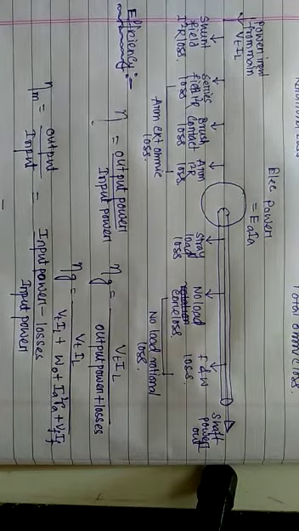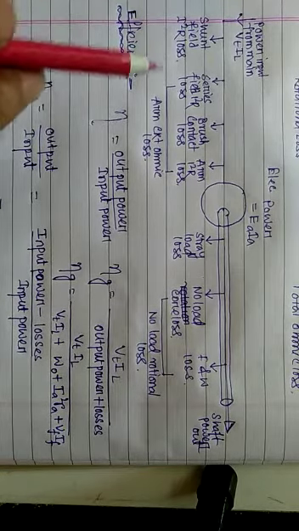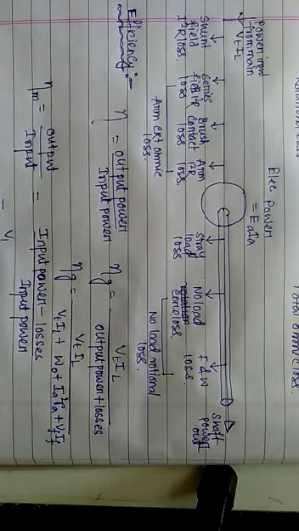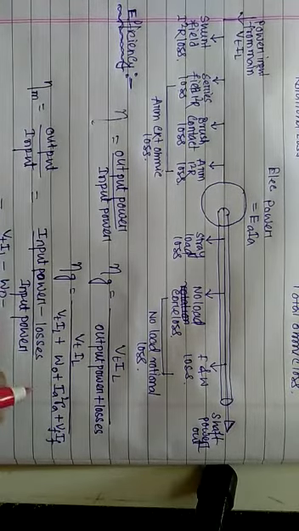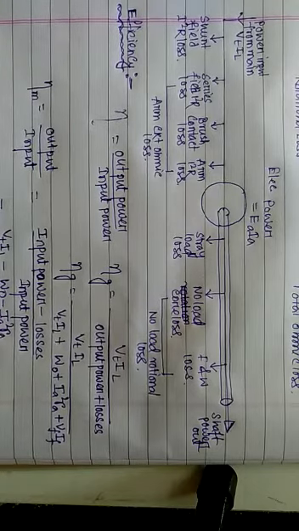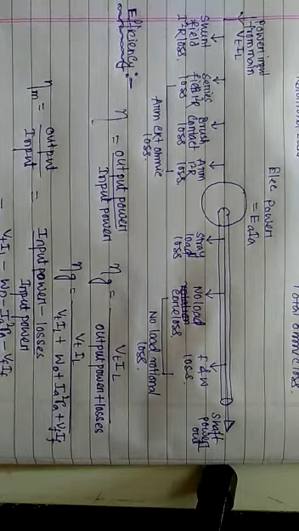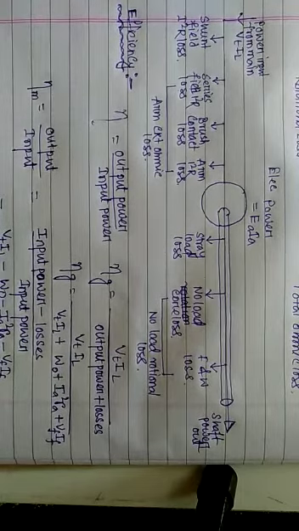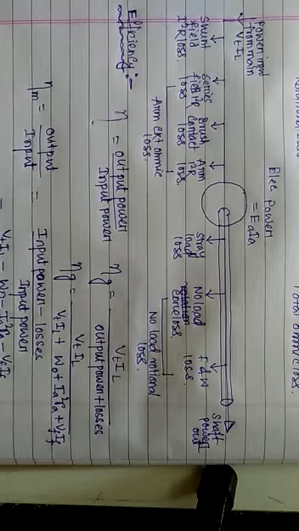So in a motor, the input power is Vt into IL and the losses are the no load rotational loss, the armature circuit ohmic loss, and the shunt field losses, divided by the input power, which is Vt into IL.